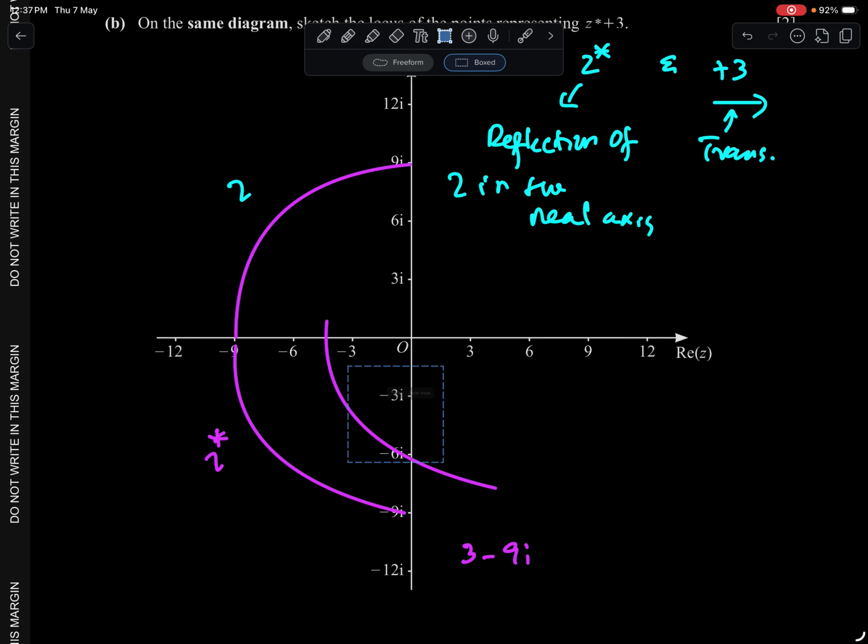Please check this solution again. You have the option to either erase this or just show it as I did, as a broken curve. Next question, 3.